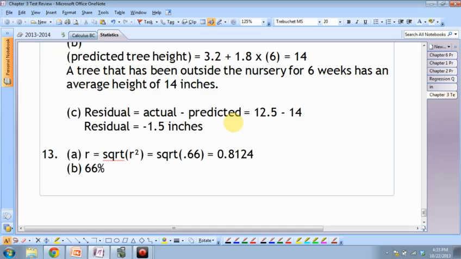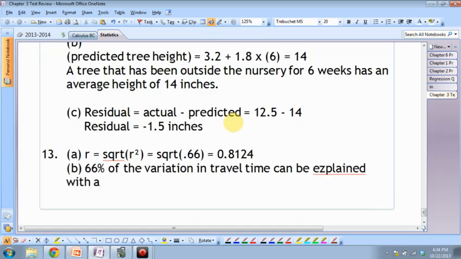So 66% of the variation in travel time can be explained with an LSRL.